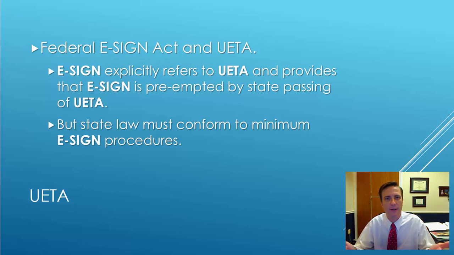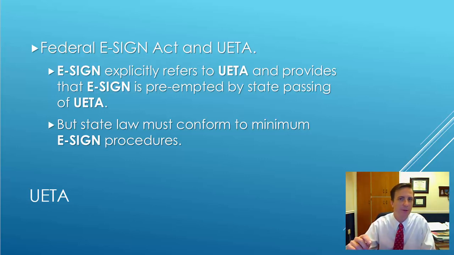Federal law wins, right? In this case, the federal law explicitly says if you adopt the UETA in your state as state law and your version of the UETA has these minimal criteria that are established, these procedures that are established in the eSign Act, then your UETA in your state will preempt the federal eSign Act. And that just makes sense. Basically, it's just saying that you've already got it covered. We don't need the federal law.